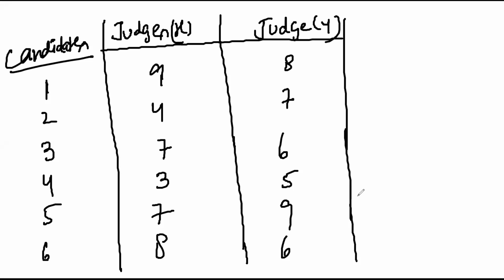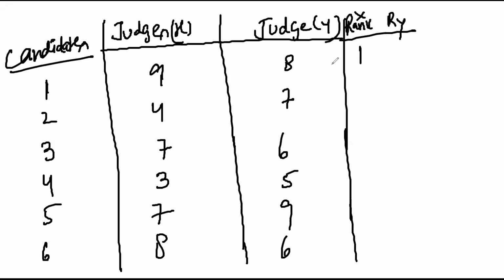We have to convert both marks data into ranks, because we are going to apply the rank test here. So rank for X and rank for Y. Now how do you assign them? For the maximum marks you give the first rank.